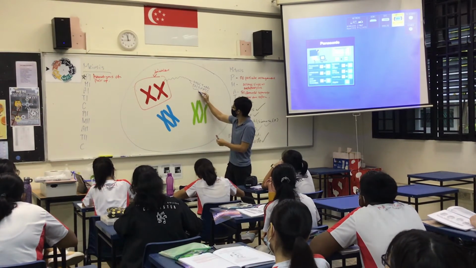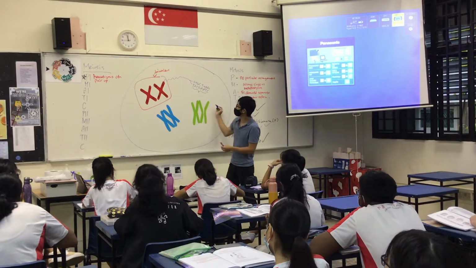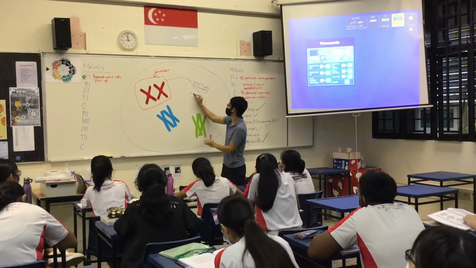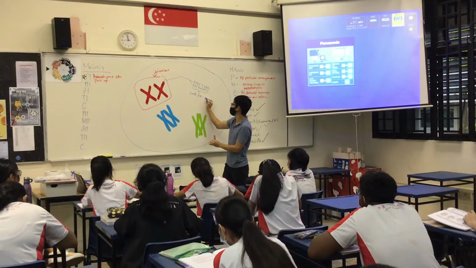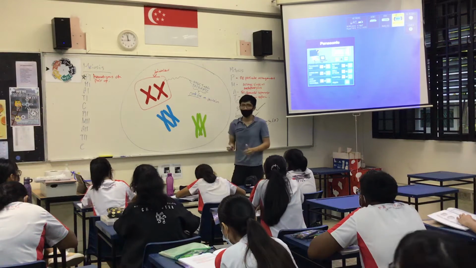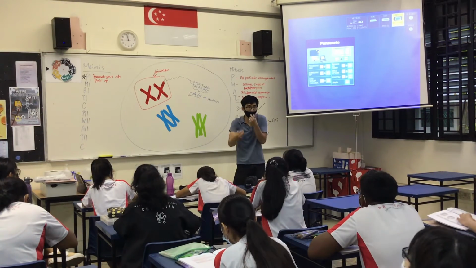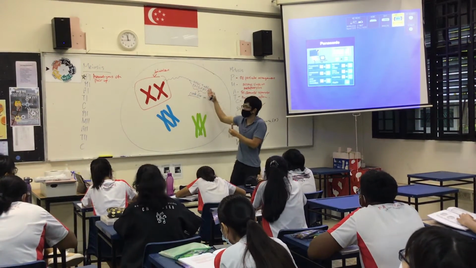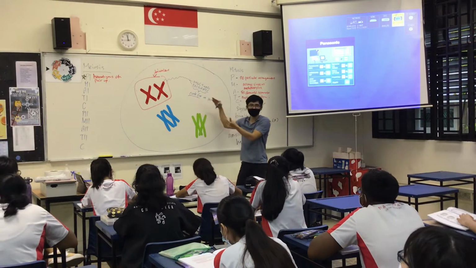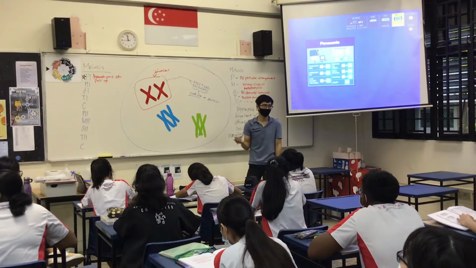So, a segment of this DNA may code for a protein. When I say code for, it kind of means it's a recipe book. This sequence of DNA is a recipe to produce this protein.